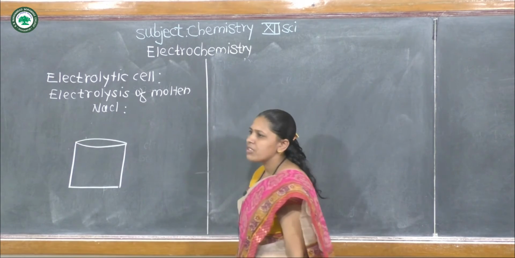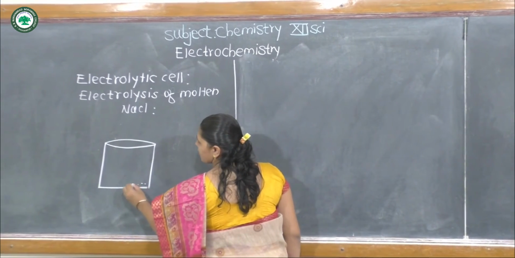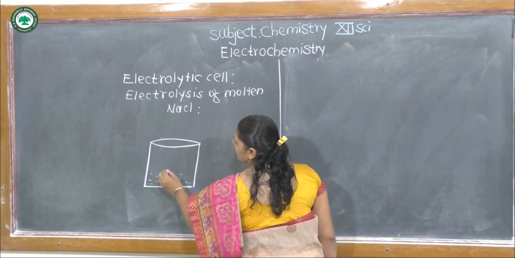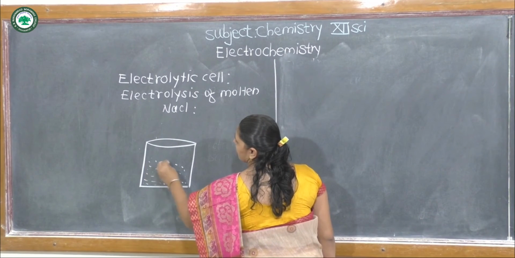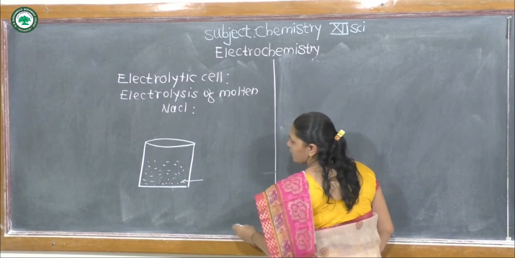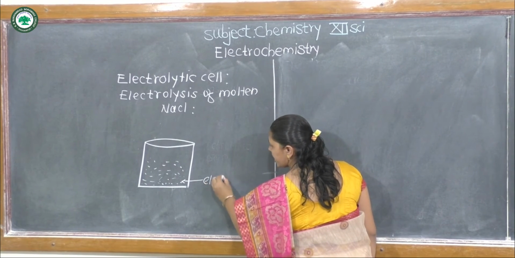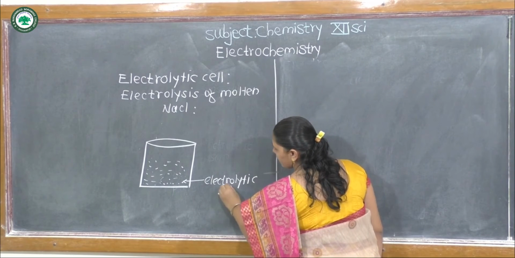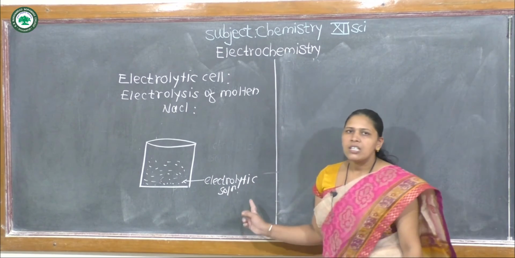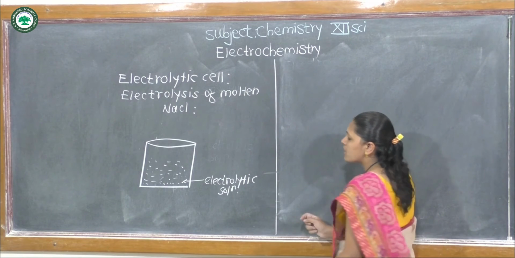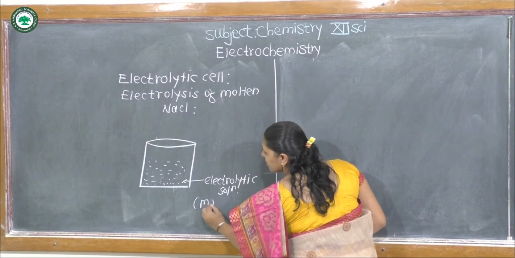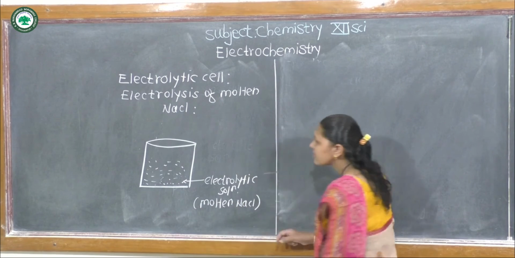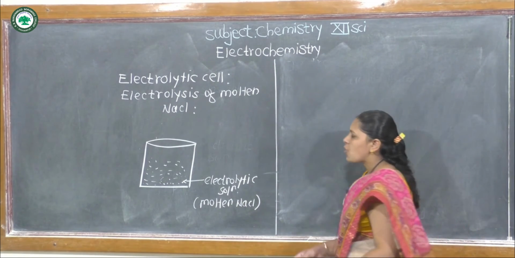It consists of a container in which the electrolytic solution is placed. Here the electrolytic solution is molten NaCl. It consists of two electrodes.